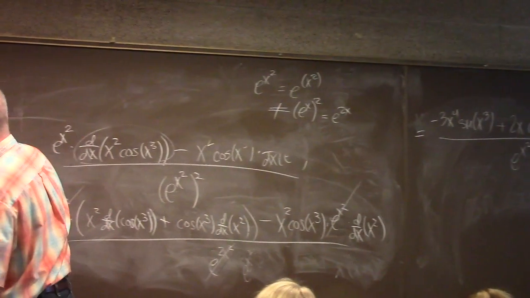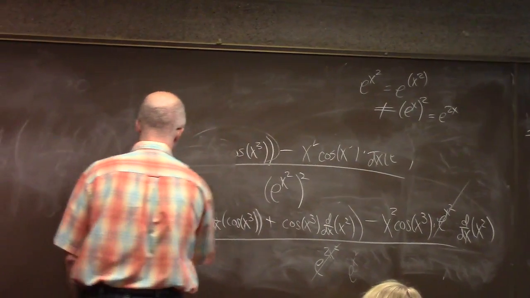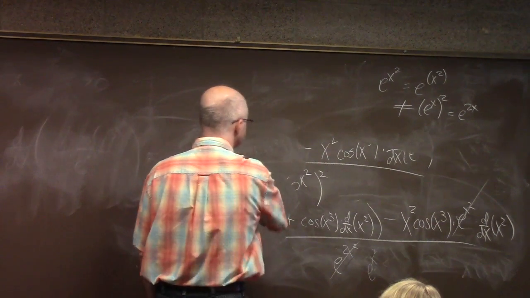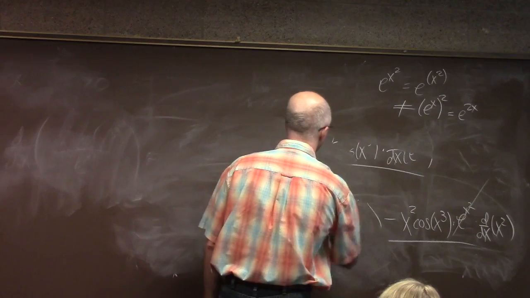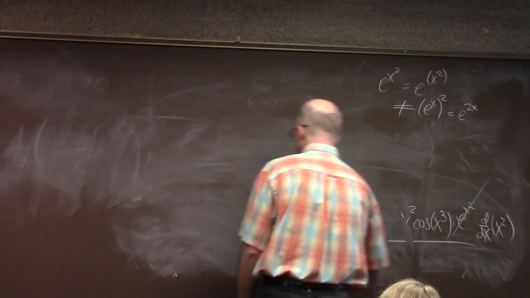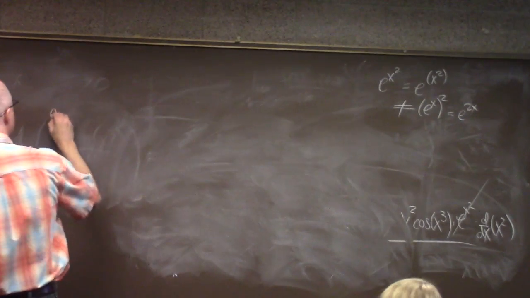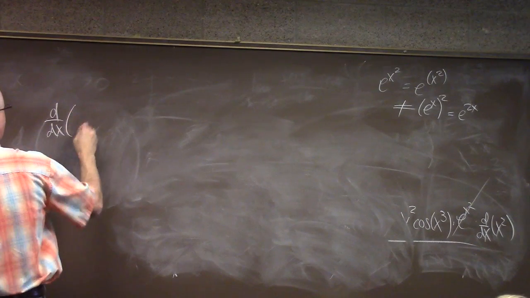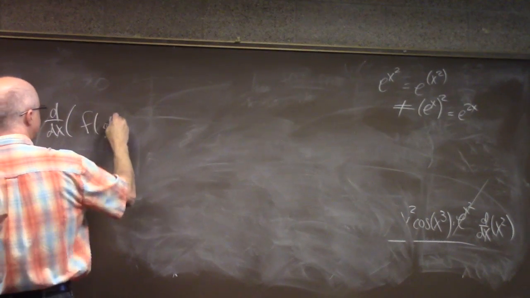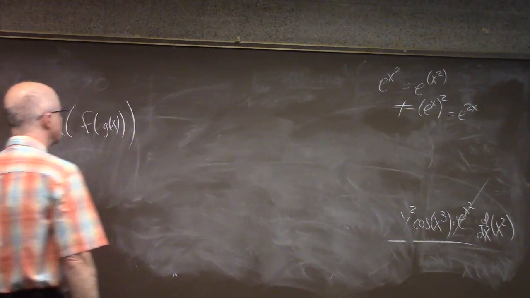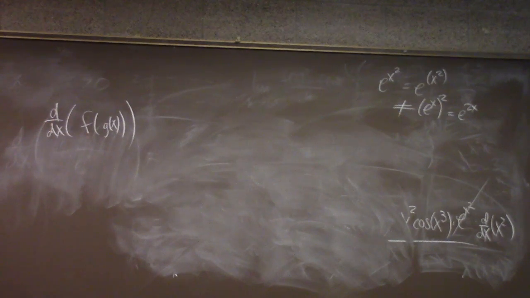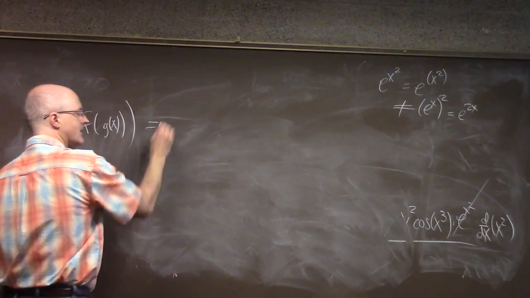For example, the chain rule can be written as d/dx of f of g of x, assuming f and g are differentiable on appropriate intervals. Right?